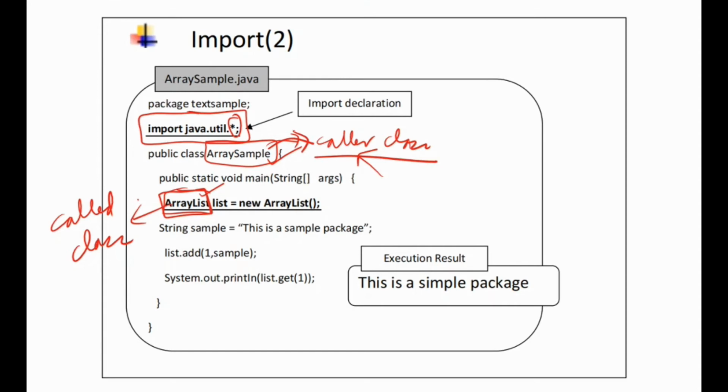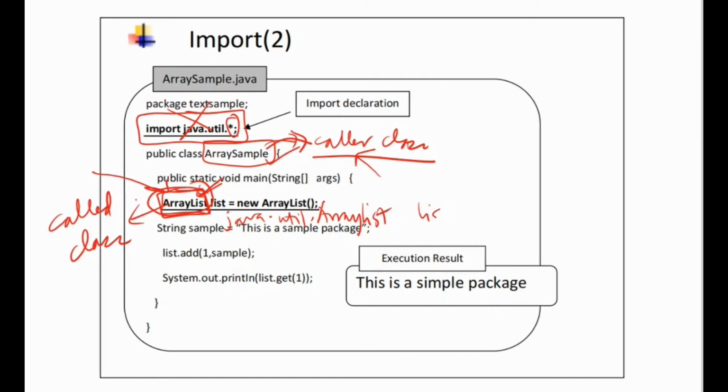Then how is this being called? It is called using just the class name, not the fully qualified name anymore. Again, when there is no import statement on top, then you have to access this by saying java.util.ArrayList, and then the instance is list, and then you say new java.util.ArrayList.